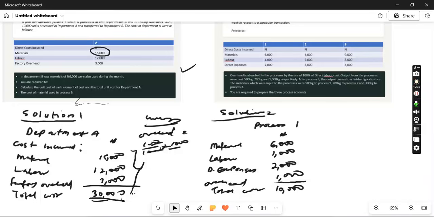Now, we were further told that the output from the processes were 500 kilogram for the first process, 700 kilogram for the next process, and 1,000 kilogram respectively for the third process.